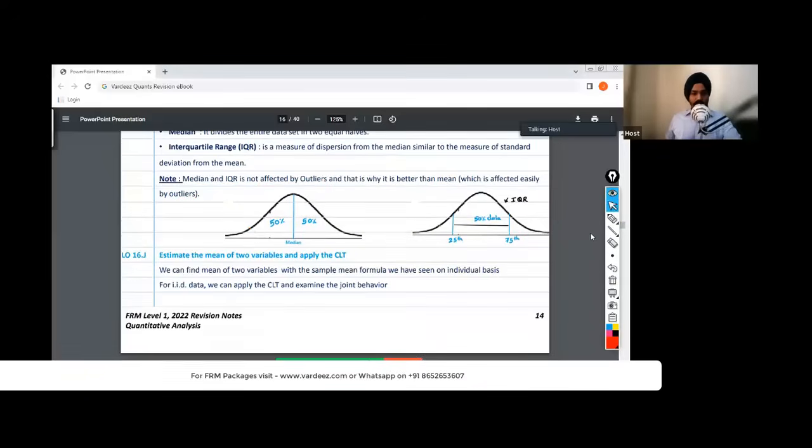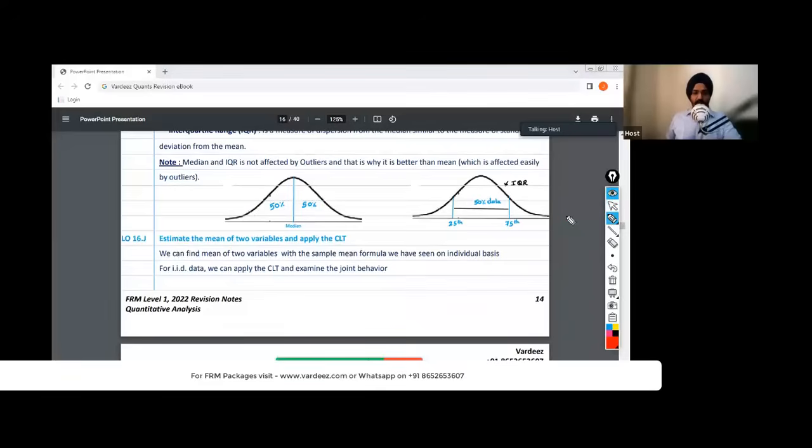What about the mean of two variables and applying the CLT? Here we just need to understand that we can find the mean of two variables using the same sample mean formula that we have studied. If I want to find the mean of the X variable and the mean of the Y variable, I'll find each individually. Same thing, no difference at all. For IID data, we can apply the CLT and examine the joint behavior.